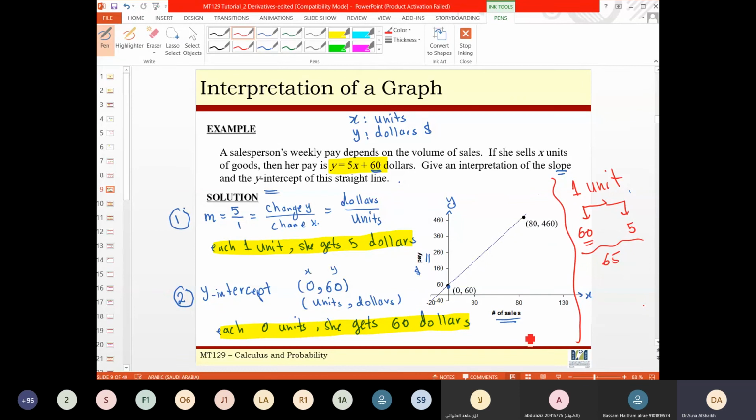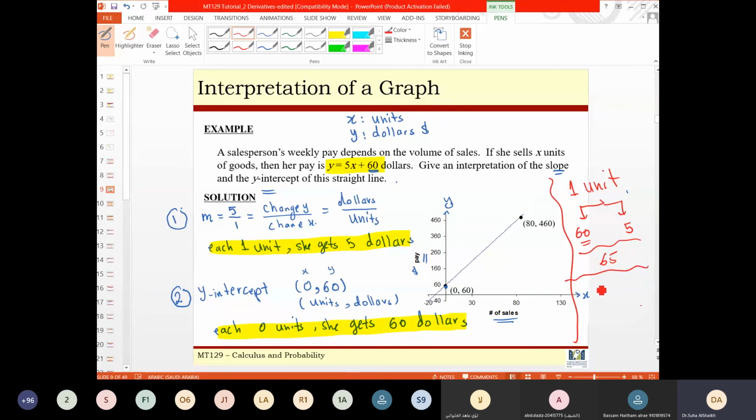Say she sells 2 units. ال 60 هذه ثابتة تاخذها أساسية, ولكل واحدة من اليونت she's getting 5, so 10, so she will get 70 and so on.